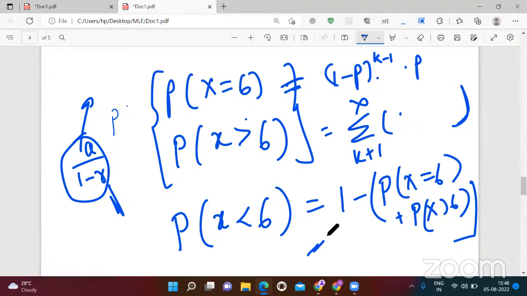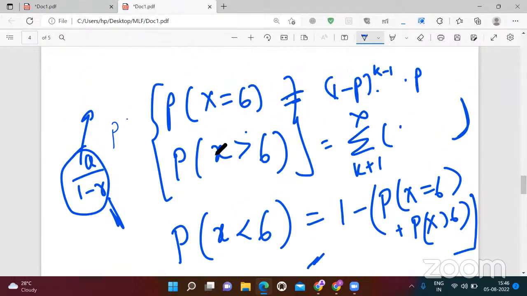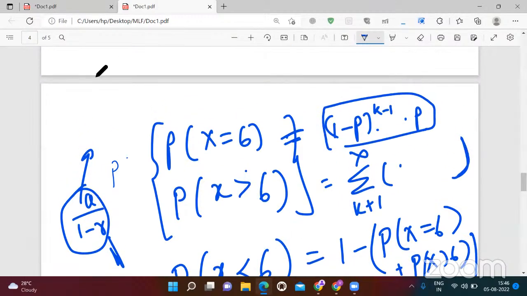So how did you calculate for x greater than 6 here? What is this sigma sign? For example, for x equals 6, this is the probability mass that we generally calculate for geometric, right? So if you ask x greater than 6, we have to do the summation for all the values greater than 6, right?